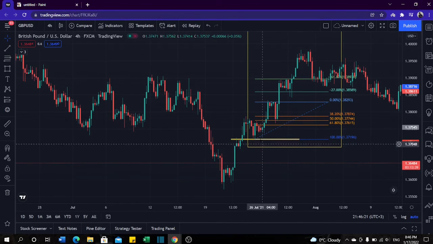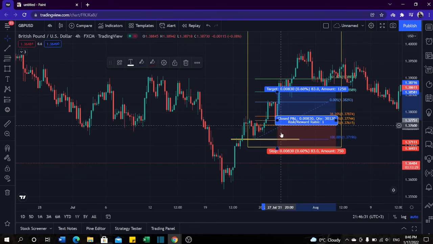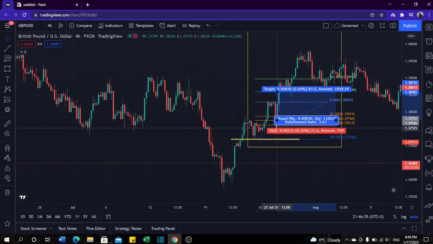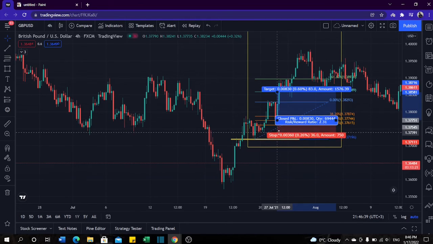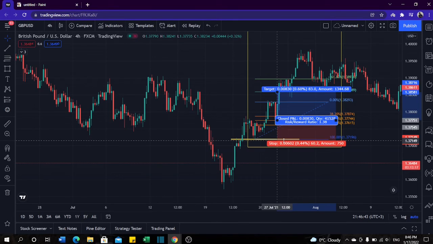So according to this chart, I'll place my Fibonacci from point A to point B, and I'm going to place a buy at the 50% retracement area, and I can place my stop loss below 61.8, or let me place it below this structure. Yeah, below this structure. I'd rather give space to my trades.